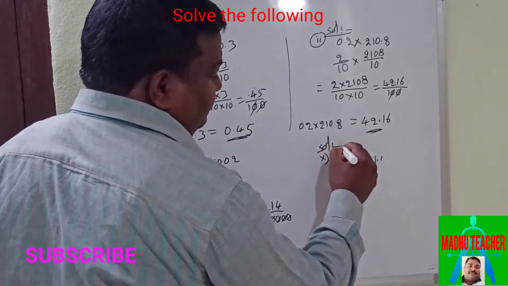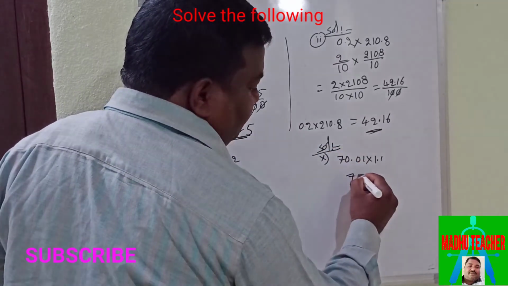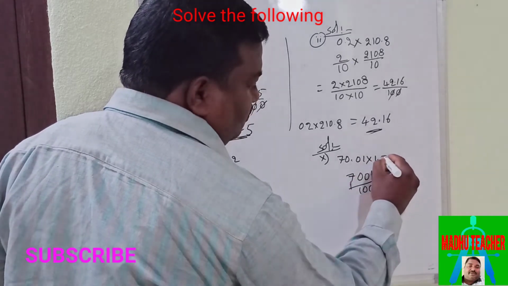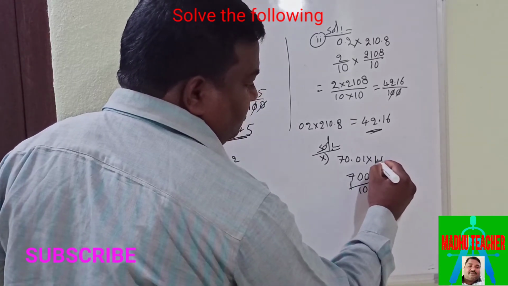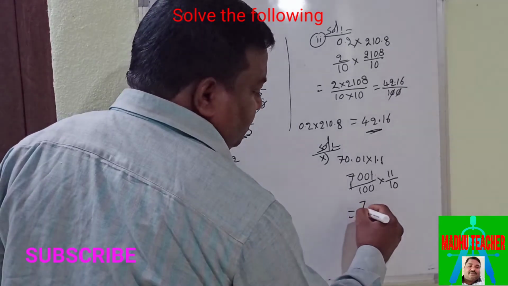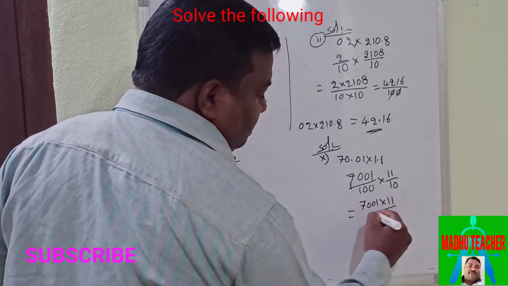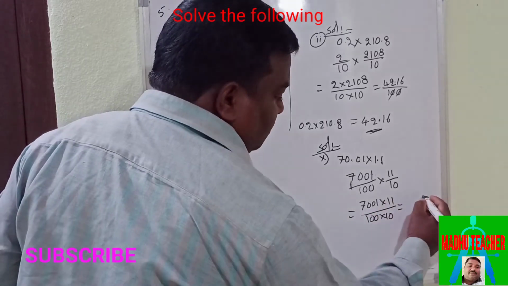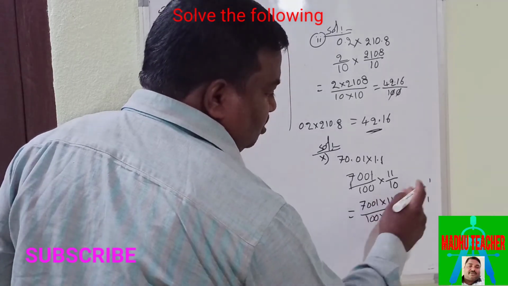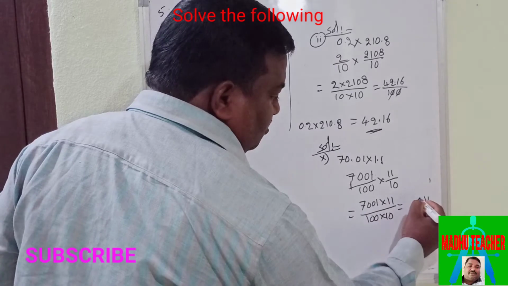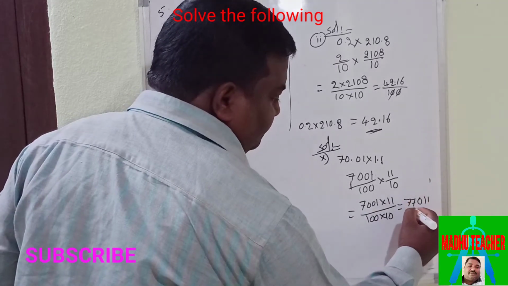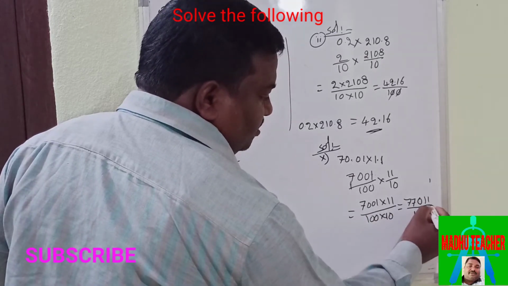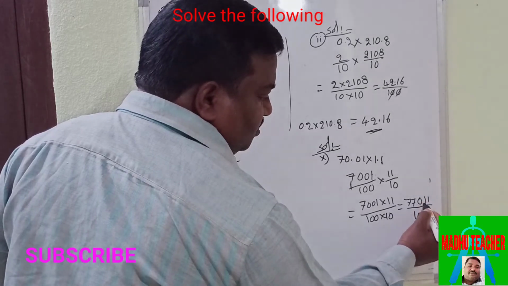Next, here 7001 by, after decimal point we have 2 digits by 100 into 1.1, 11 by 10, 1 digit, that is numerator into numerator by denominator into denominator, that equals 11 ones are 11, 11 into 0, 0, 0 plus 1, 1, 11 into 0, 0, 11 sevens are 77 by 100 into 10, 1000. 3 zeros cancel, put point before 3 digits, 1, 2, 3.